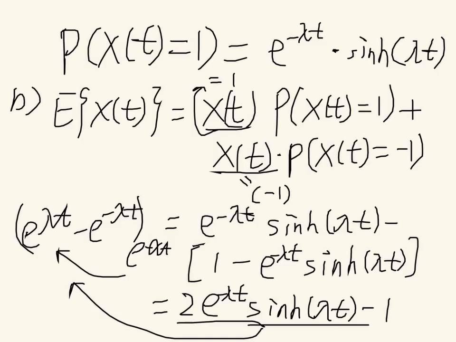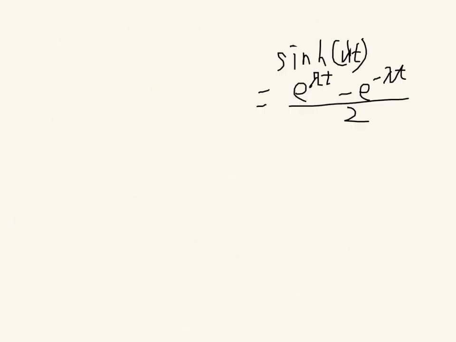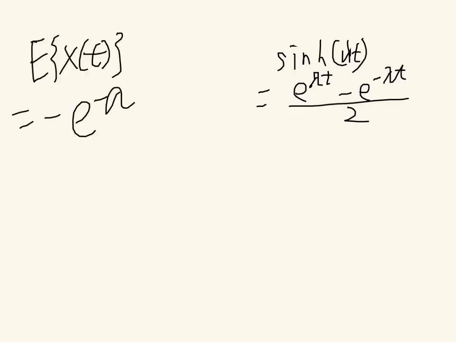This is 1 minus e to the minus 2 lambda t. Minus 1 is totally, so the expected value of X(t) is equal to minus e to the minus 2 lambda t.